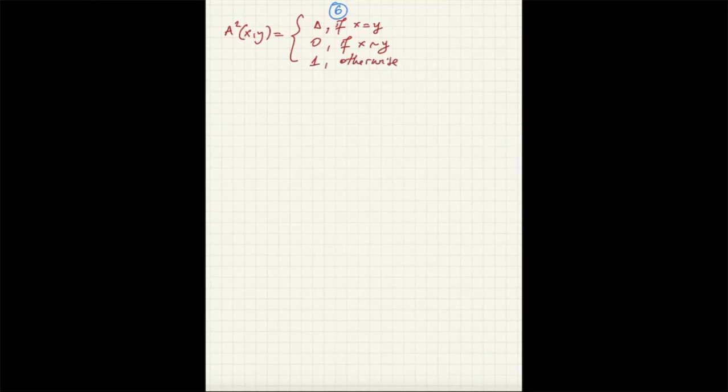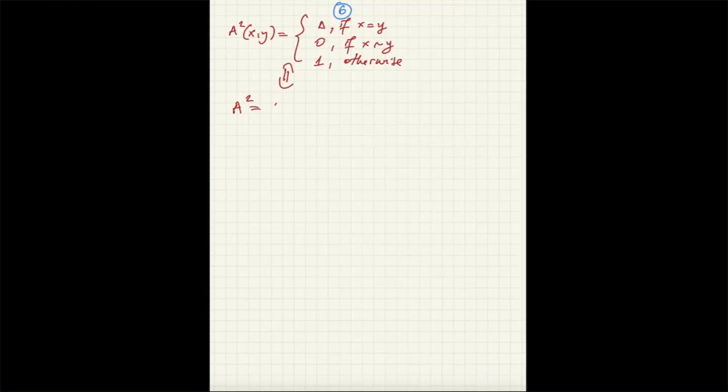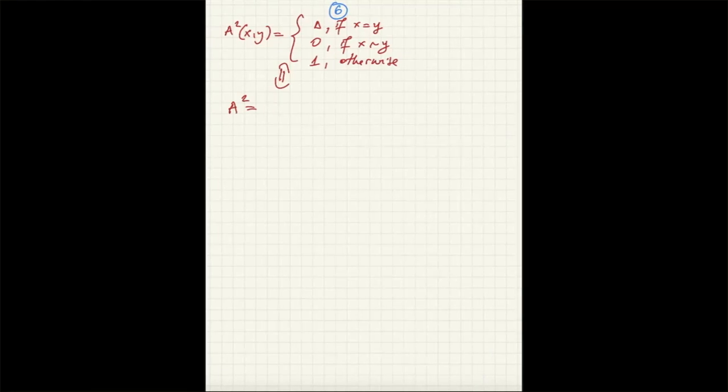And this is entry-wise, but if we write it as a matrix equation, this identity is the same as saying A squared equals, so in the first part, we have what happens on the diagonal. So it's delta times the identity, plus the second branch is 0 when x is adjacent to y, but those entries are the ones of the adjacency matrix.